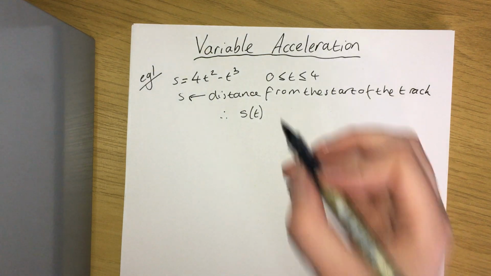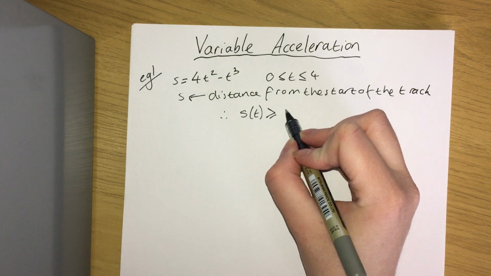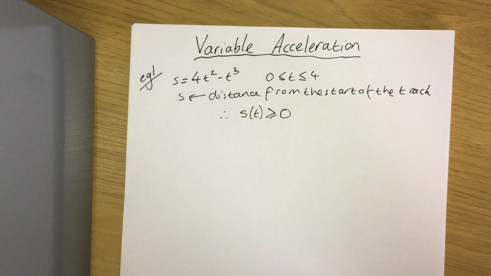So I know that my displacement in terms of t has to be greater than or equal to 0, because the train is only going away from the start in one direction and then back to the start. It's not going back the other way. Displacement, because we've defined it as being in this particular direction, let's say right of the track, has to be greater than or equal to 0.